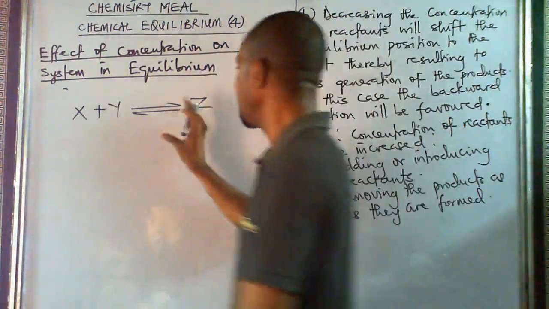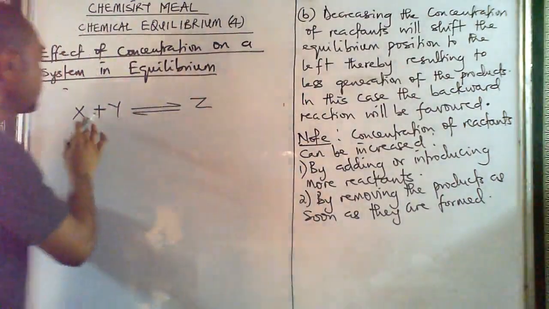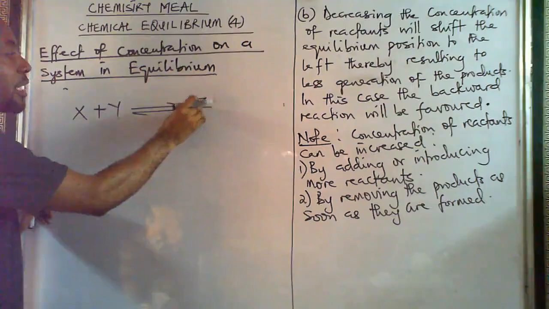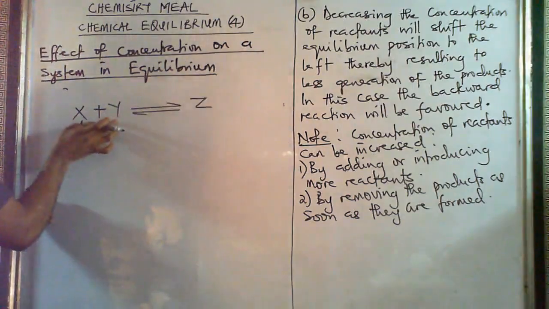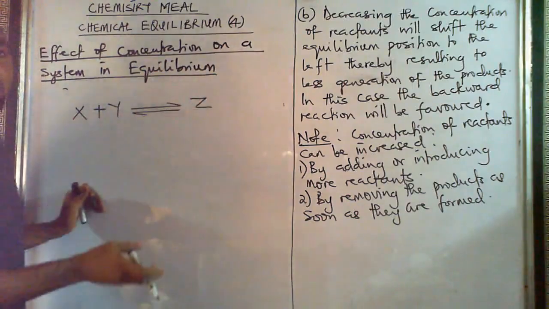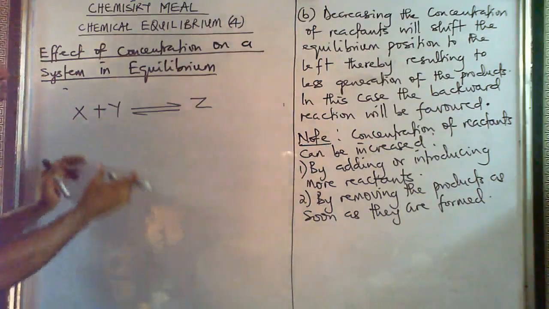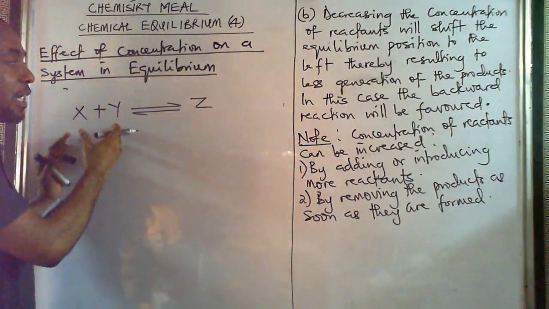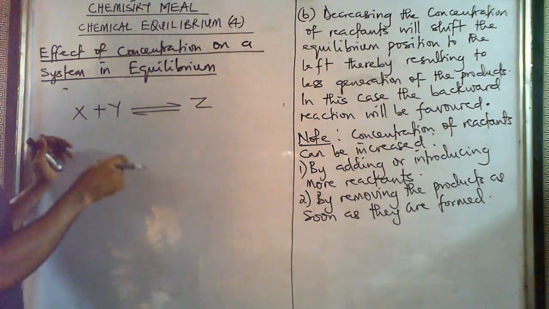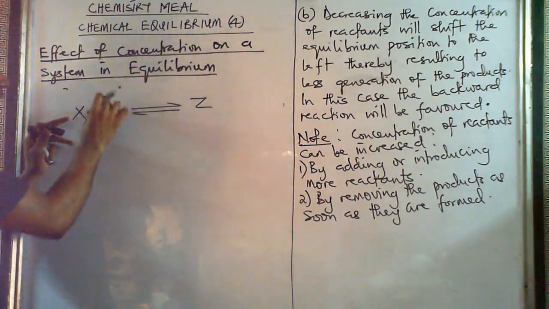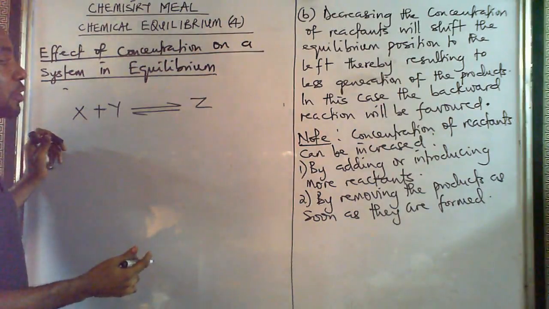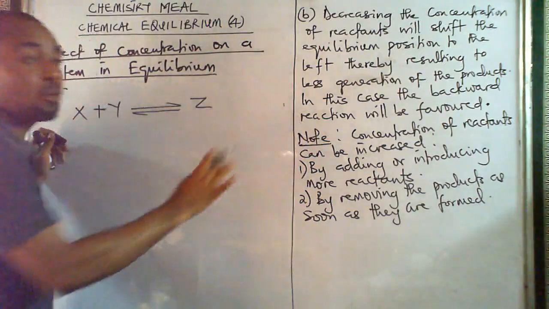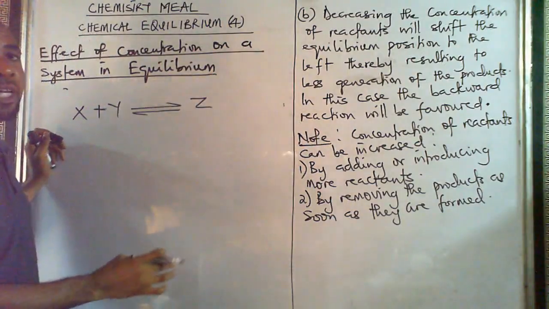Once you form the product, you take it away. Imagine when this and this combine to give us Z. As we form Z, we remove it. So here will be empty. This and this will be forced to react again to replace the Z. So we can increase concentration of the reactant by introducing more of the reactant, that is adding more of X, adding more of Y. We can also increase the concentration of the reactant by removing the product once they are formed.